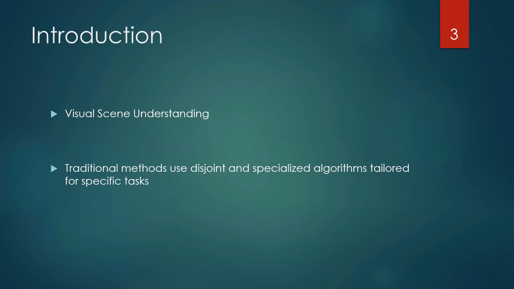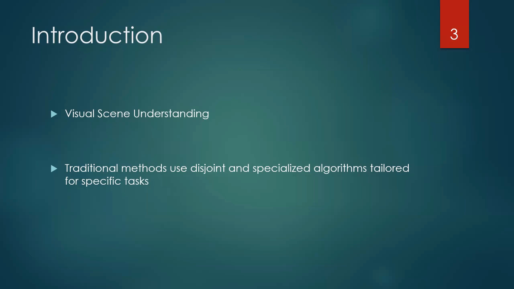Well, in practice, some researchers use the essential definition that visual scene understanding is basically obtaining semantic information from the scene. And for instance, algorithms such as semantic segmentation are used as a definition of visual scene understanding.